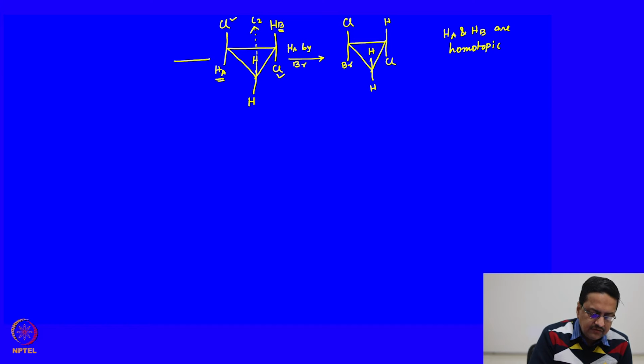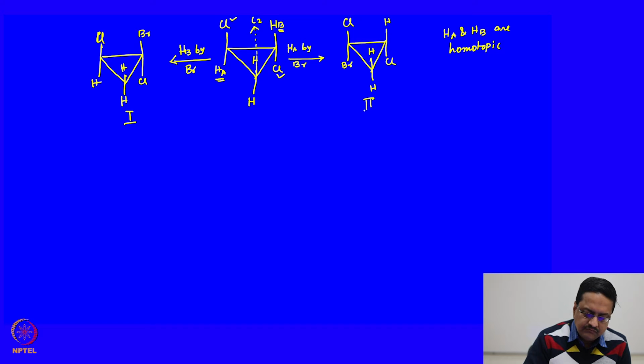On the other hand, if we replace Hb by bromine, we get this molecule. Suppose these are compounds 1 and 2 originating from the parent compound.